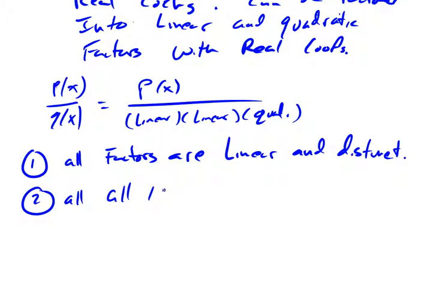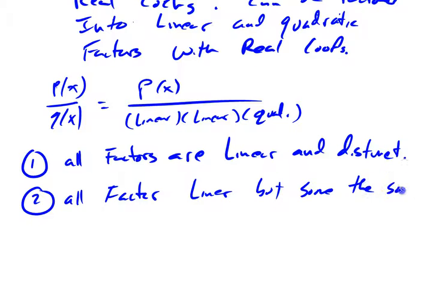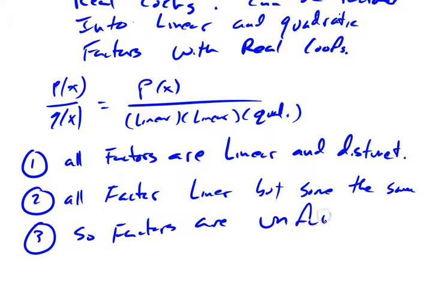You might have one of the factors squared or cubed or something like that. All factors linear but some the same. And three, you might have some quadratic factors, some unfactorable quadratics.